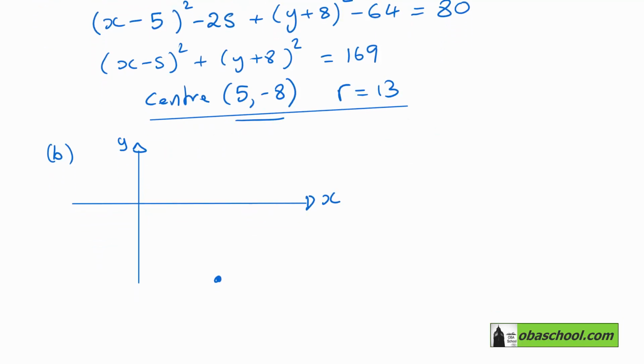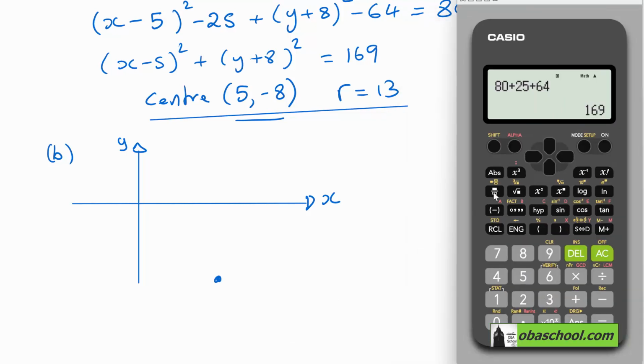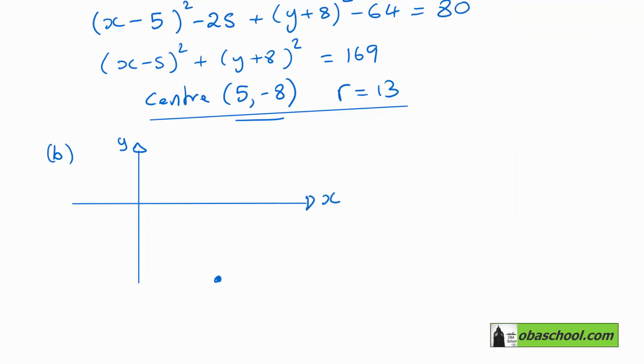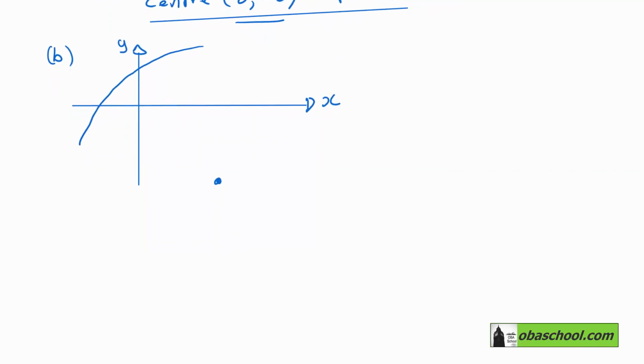How far is that from the origin? So that is going to be the square root of 5 squared plus 8 squared, which is about 9. So it tells us that the circle is out here because we know the radius is greater than the distance to the centre.